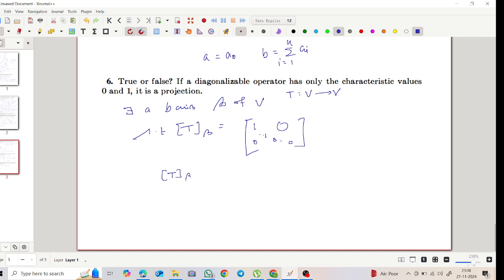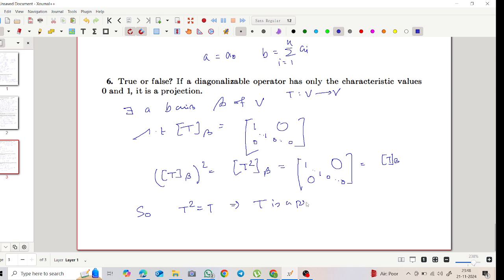I hope you understand this. Right, this is nothing but the same matrix. Okay, so T square is T. T is a projection.